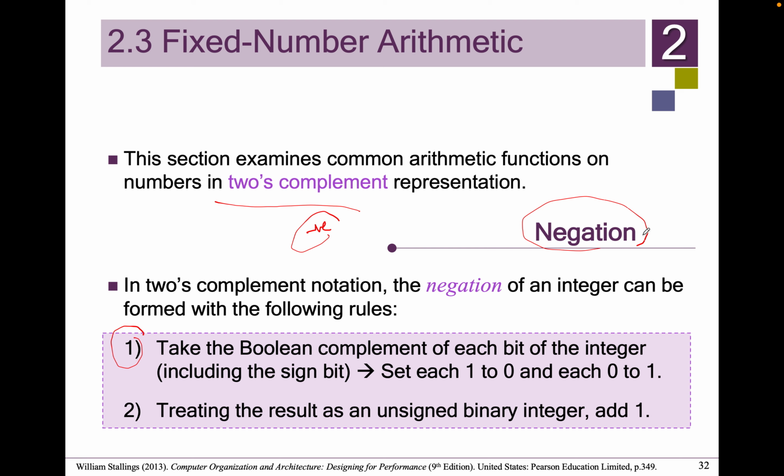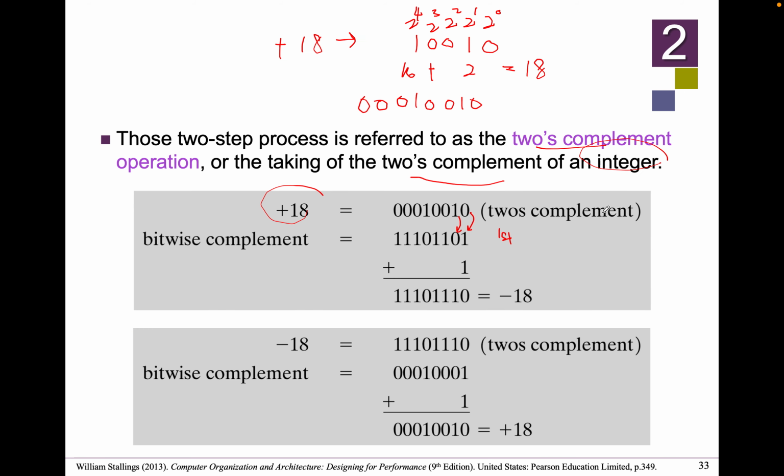But under negations, we will use the second complement notation. So any signed number, we will assume it to be an unsigned binary integer. So that's why we change 0 to 1, 1 to 0, 0 to 1, 1 to 0.